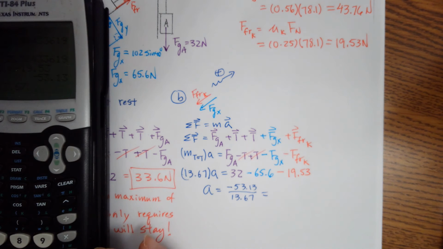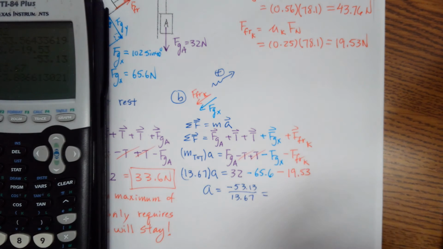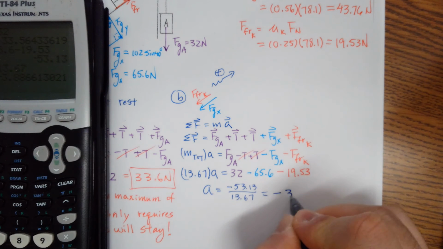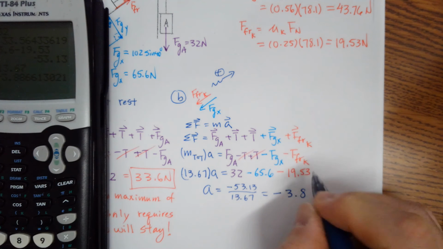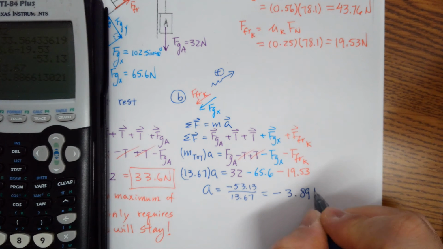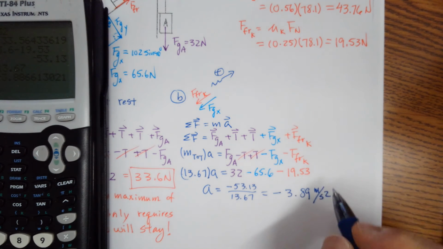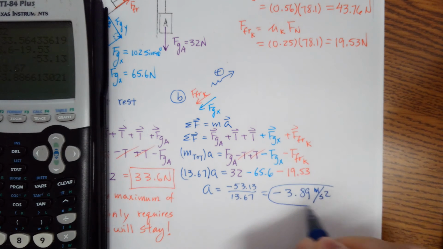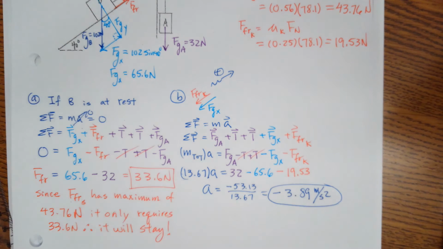All right, and I get negative 3.8889 meters per second squared. Okay.